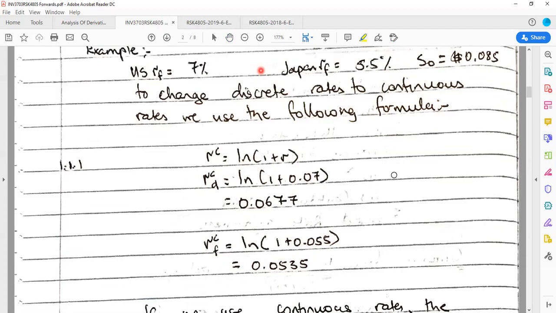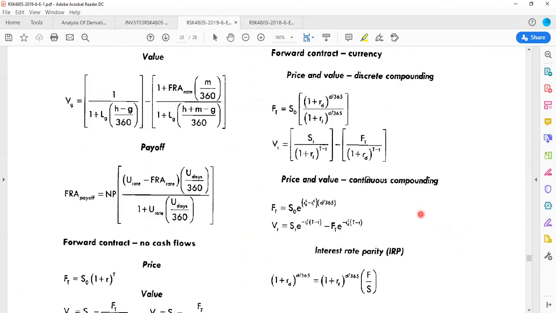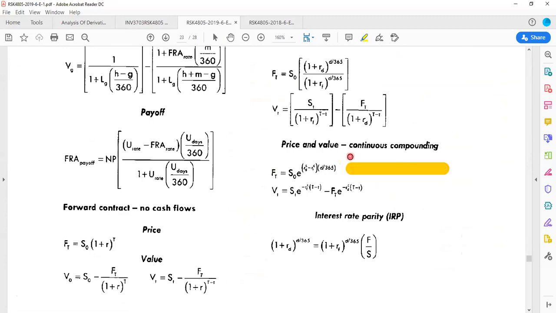And we know that if we have a currency forward contract with continuous rates, we use the following formula to determine the forward price. You take your spot rate multiplied by the exponential of open bracket RDC, which we've calculated as the continuous risk-free rate, minus RFC, which we've calculated as the continuous foreign rate, multiplied by the time.